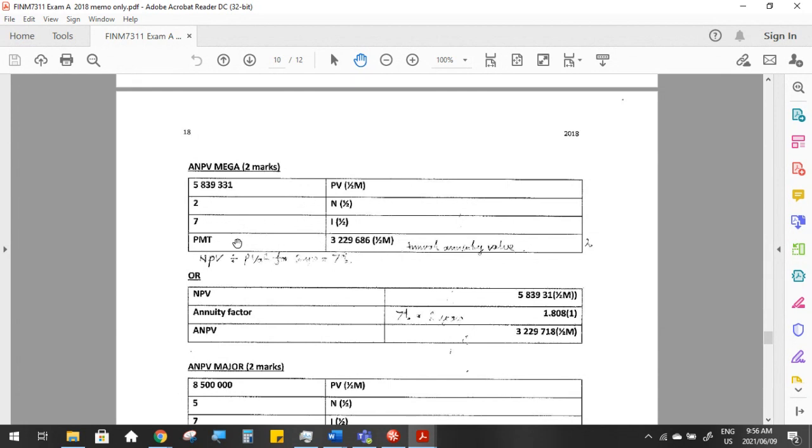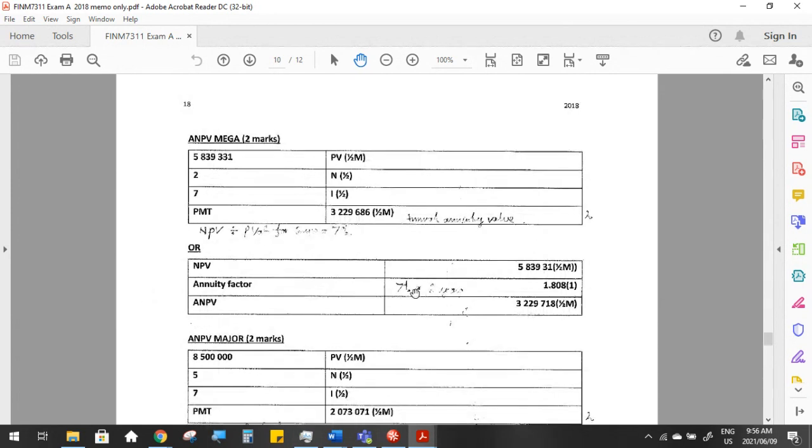So net present value divided by the present value factor of an annuity. So that's one way you can calculate it, or this is the way they've got it in your textbooks: the net present value divided by the present value annuity factor, with N being 2 and I being 7, 1.808. And then that gives you the annualized net present value.